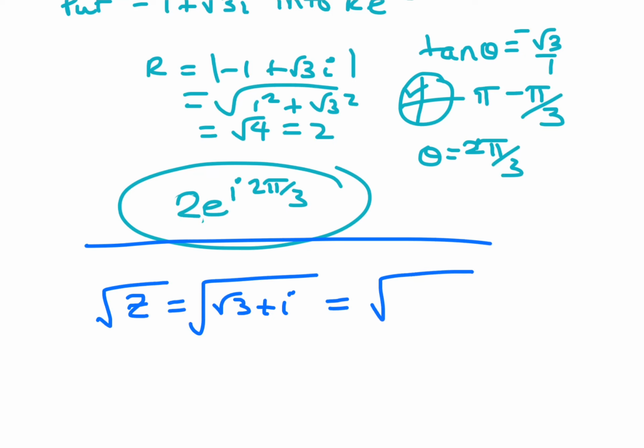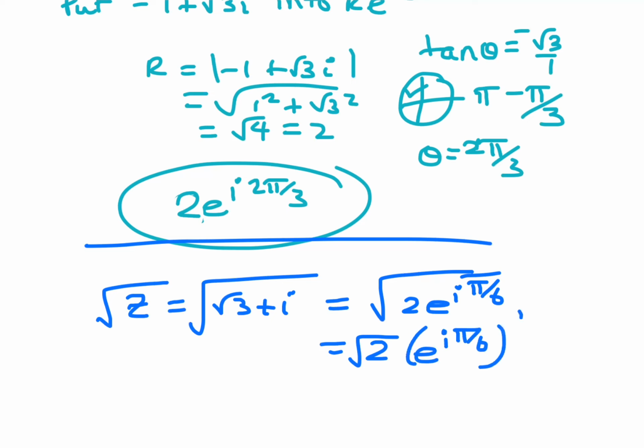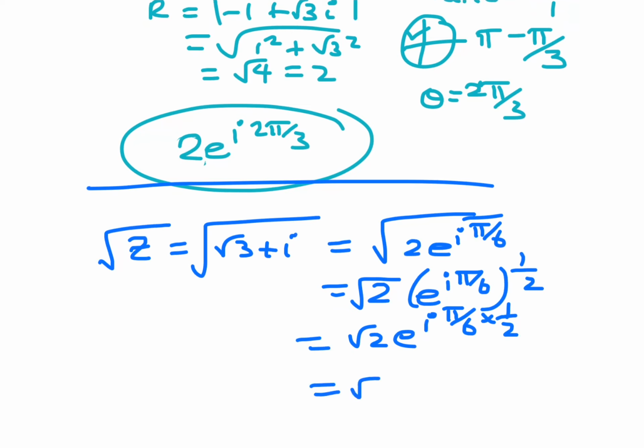Because if you've got root 3 plus i, you can put it in the form of 2e to the i pi on 6, and then it's root 2e to the i pi on 6 to the power of a half. So it's root 2e to the i pi on 6 times 1/2, which is the same as root 2e to the i pi on 12.